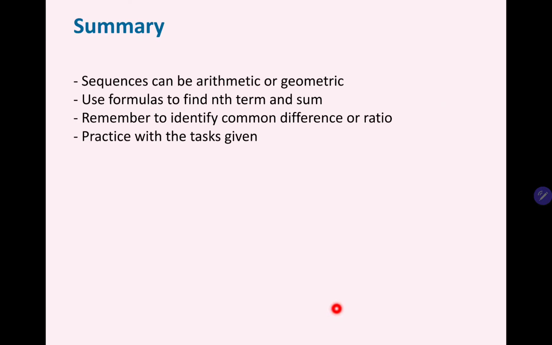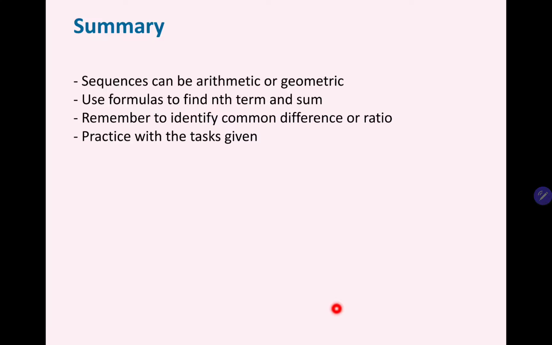So we've come to the end of this lecture. In summary, sequences can be arithmetic or geometric. By now, I believe you know the difference. The difference is always from the common ratio or the common difference.